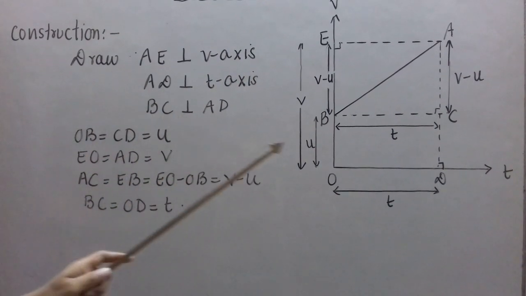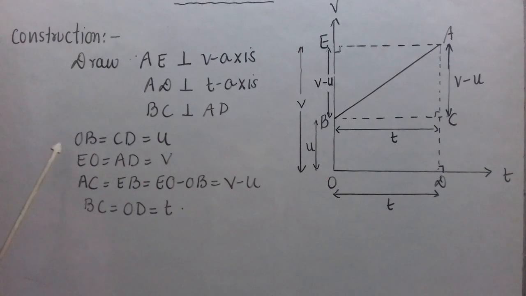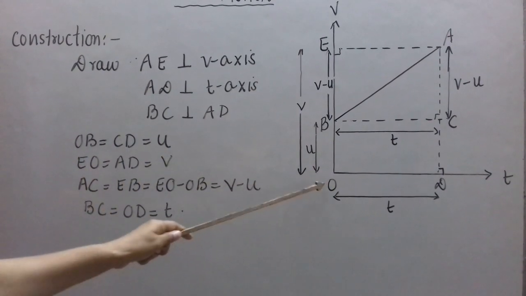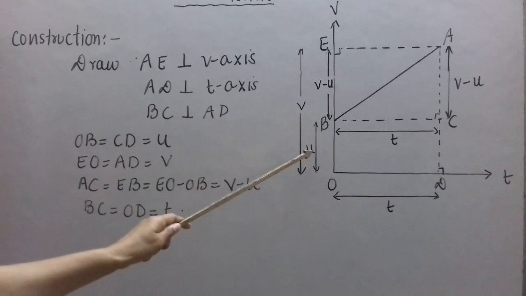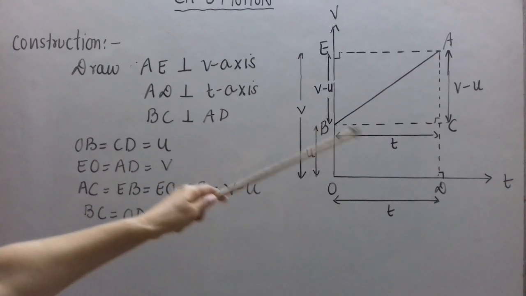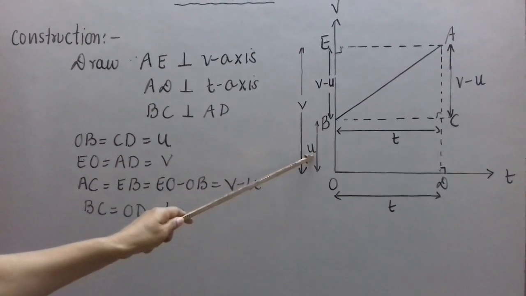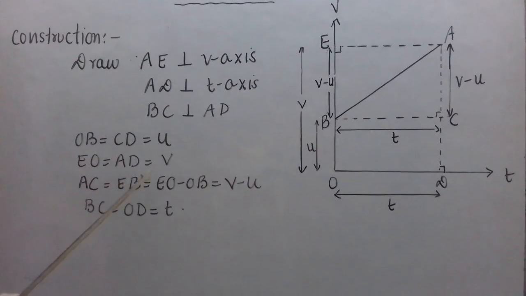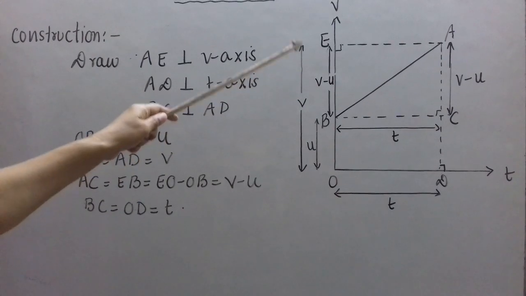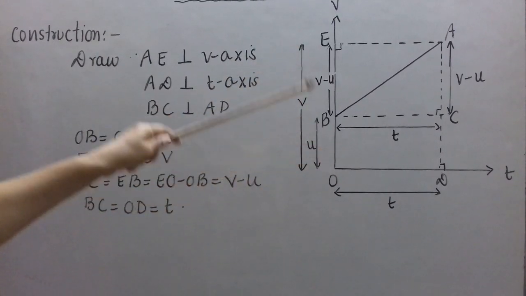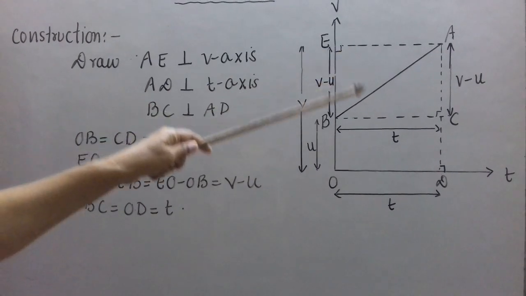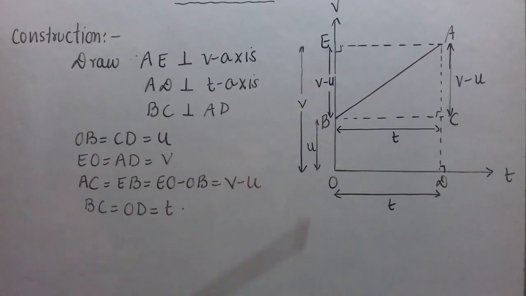Now we can easily see from here that OB is equal to CD is equal to u. Because initial velocity is u, OB is equal to CD is equal to u. EO is equal to AD is equal to v. EO represents the final velocity. So EO is v and that is also equal to AD, and AD is also v.